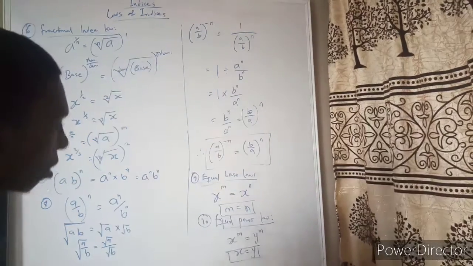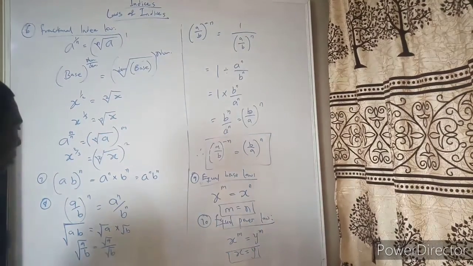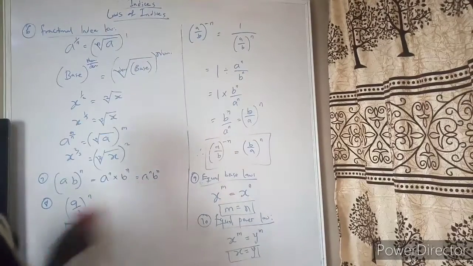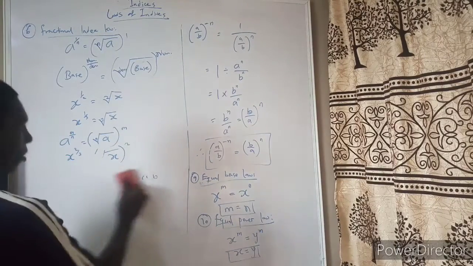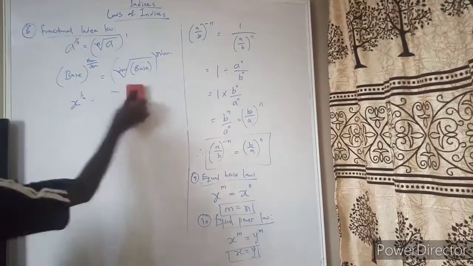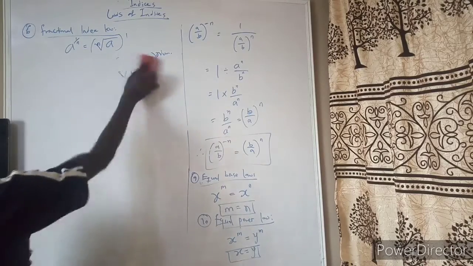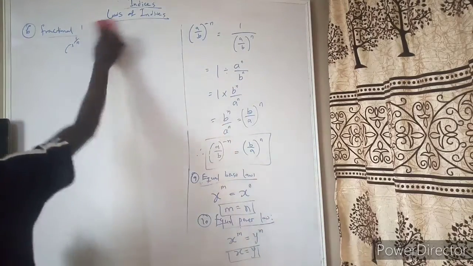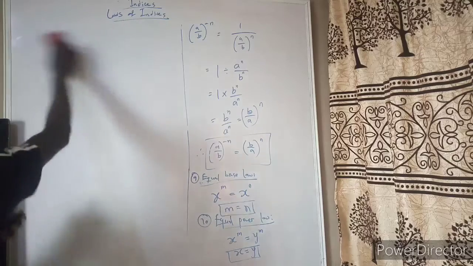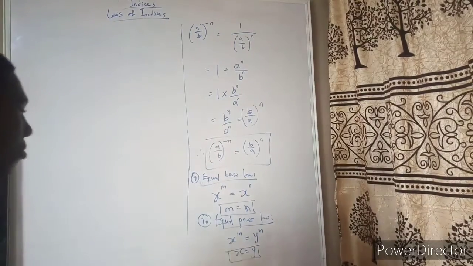So then for the last but not the least, now this is rare in our textbooks, and we don't even know it exists actually. So I would like you to be very attentive.